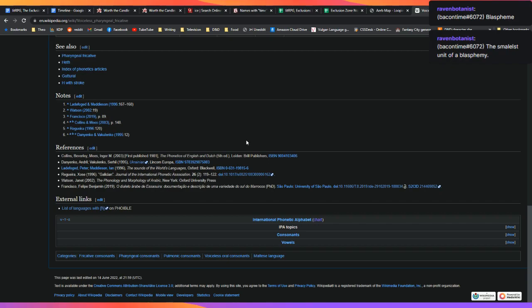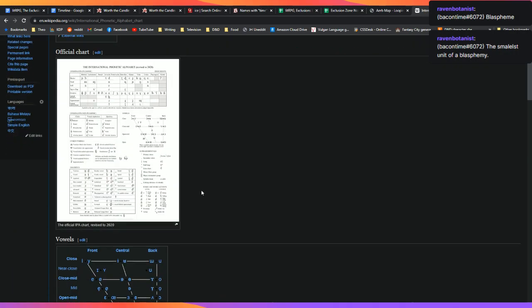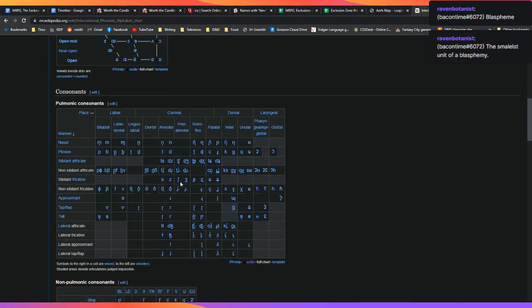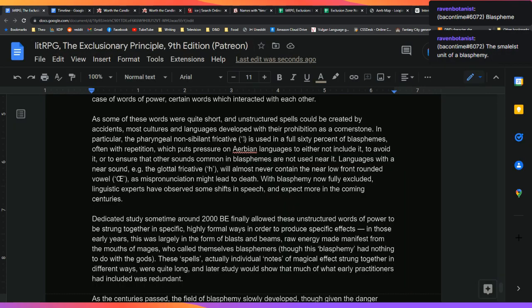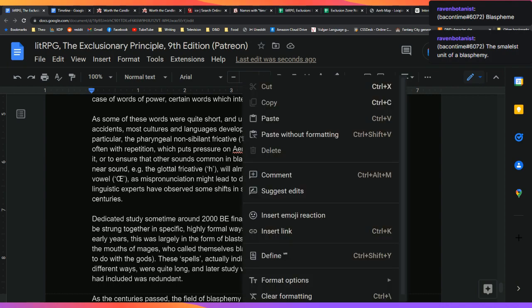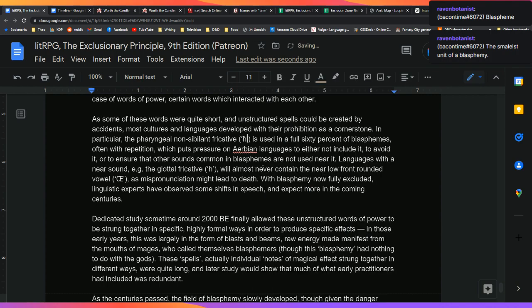No, I want the... Fine, just give me the chart again. Stupid chart. Okay. The pharyngeal non-sibilant fricative. I just want that symbol. That's all I want. There.